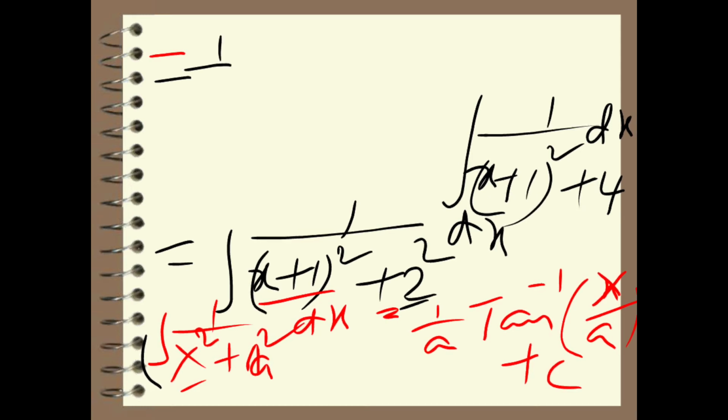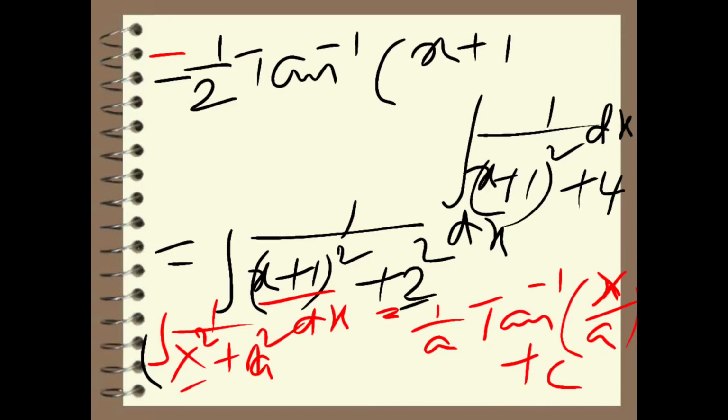So 1 by 2 into tan inverse of x plus 1 by a, in the place of a, 2 is there, so plus c. So 1 by 2 tan inverse of x plus 1 by 2 plus c, which is our answer. Okay students, is it clear?